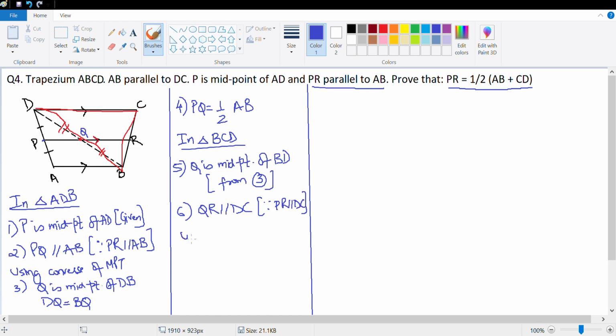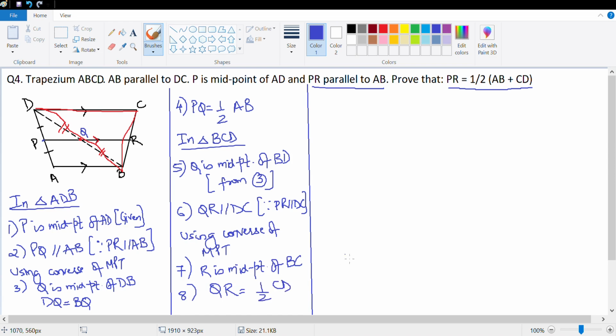So again using the converse of the midpoint theorem, what I get is number 7, R is the midpoint of BC, and number 8 would be QR is equal to half CD.